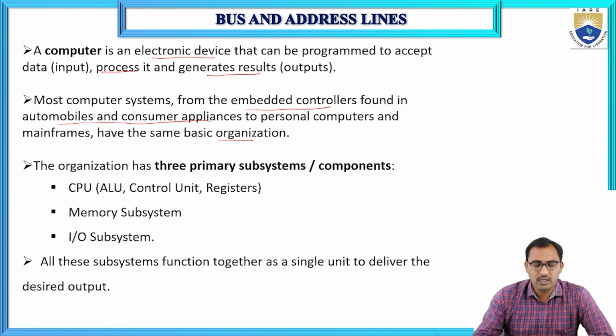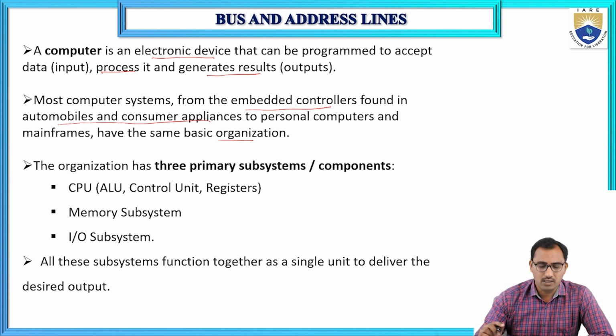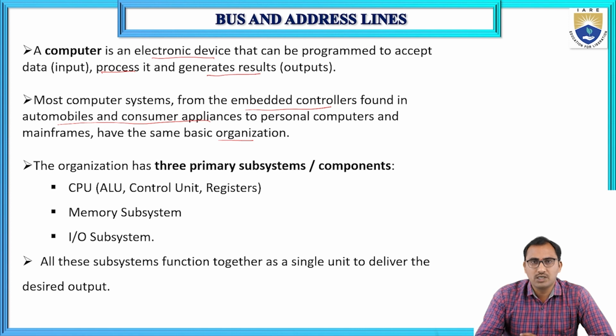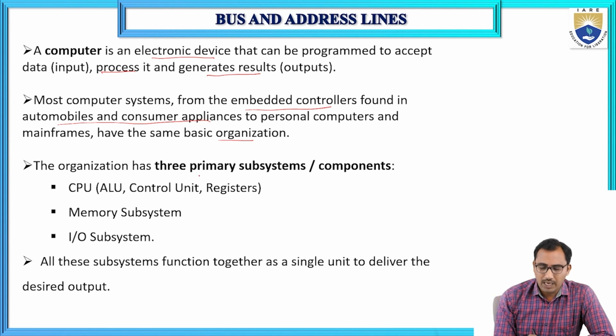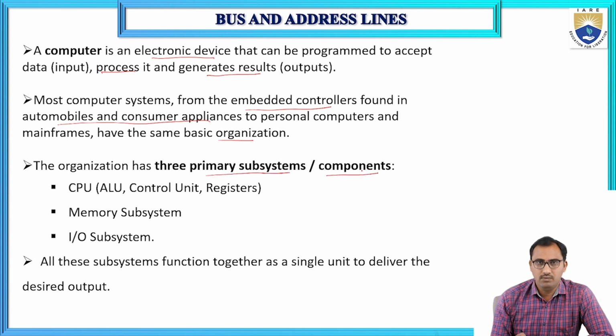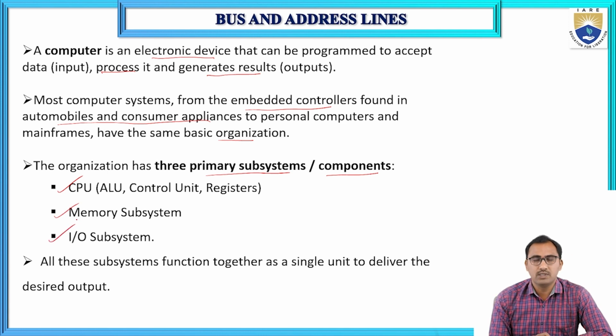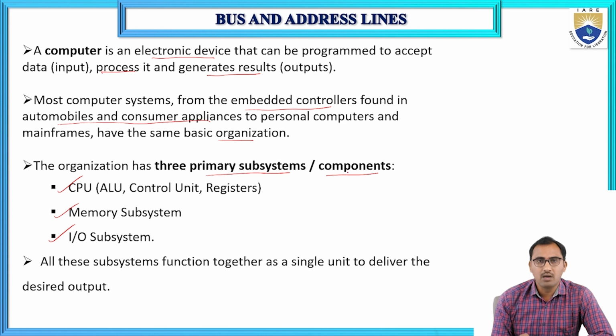Mainly, if you dig into the internal organization of the computer, it has three primary subsystems or components: CPU, central processing unit, memory subsystem, and IO subsystem. These are the three main primary subsystems or components.